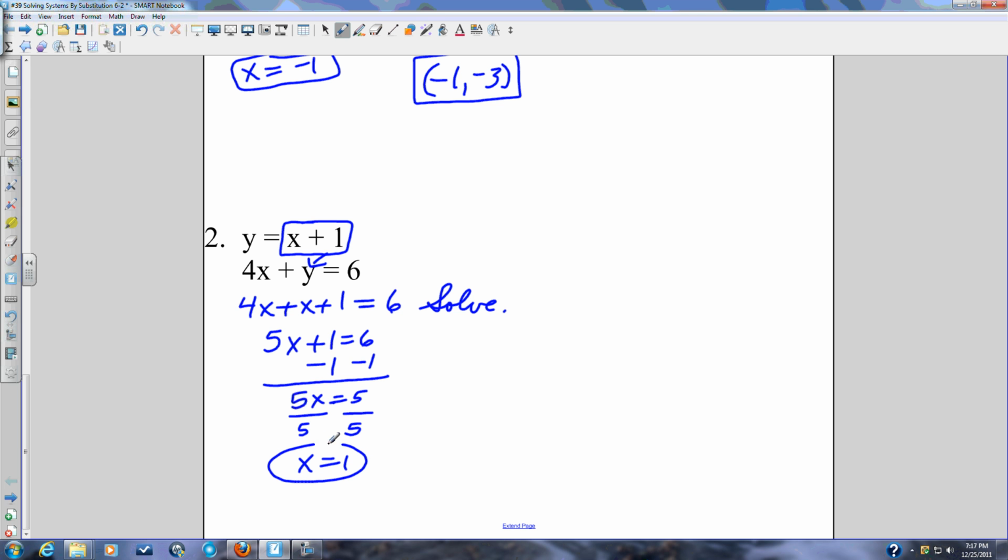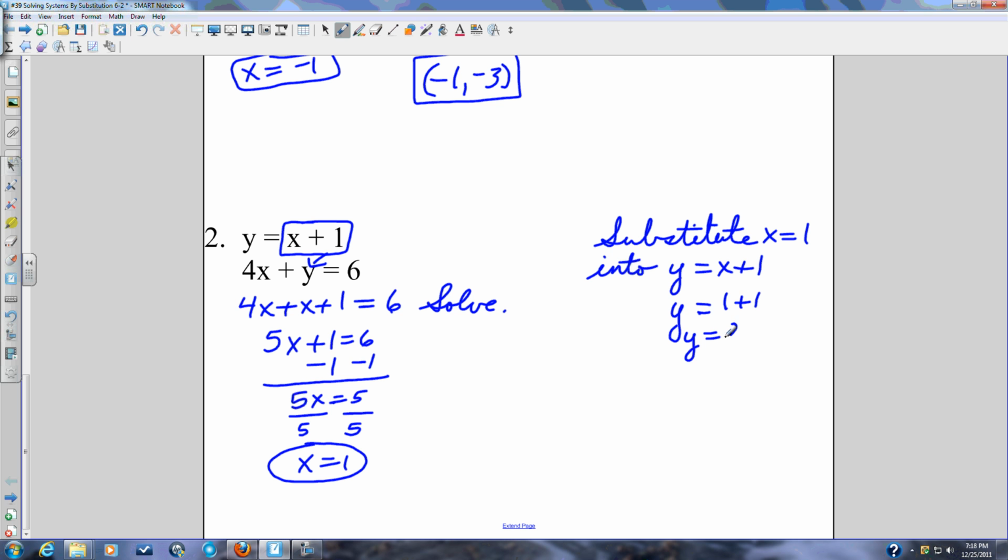So now we know what x is, and the way we're going to find out what y is is to substitute our value that we just got for x into the other equation, which is actually the first one, into y equals x plus 1. So we have y equals 1 plus 1, or in other words, y equals 2. Therefore, our ordered pair is 1, comma 2.